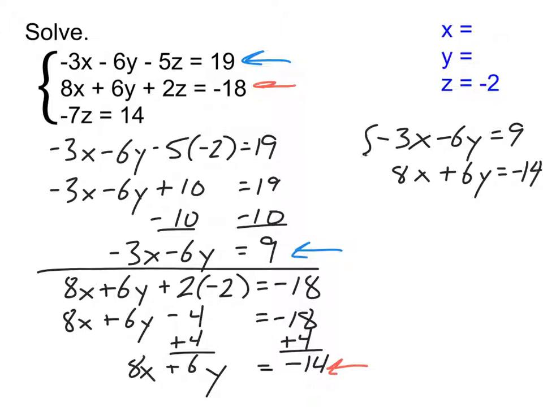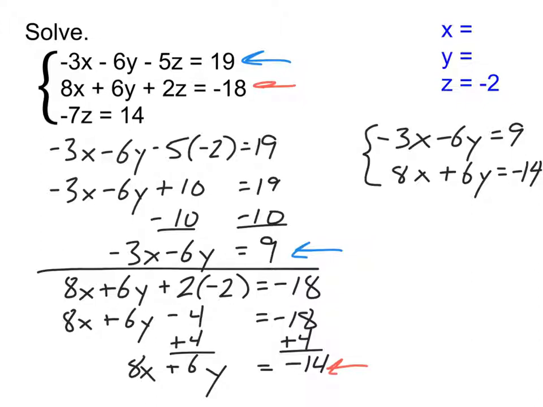A new system with two variables and two equations. By plugging that value of z in, I created now a system that's like what we were used to dealing with before. Because again, if it doesn't look like something you're used to, make it look like something you're used to, if you can at least.